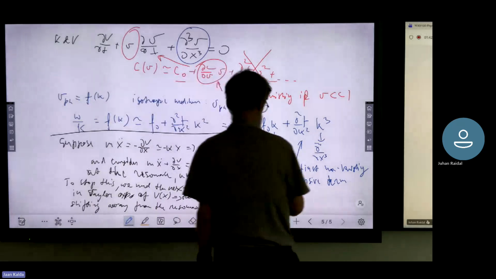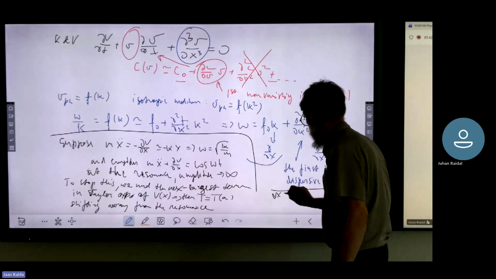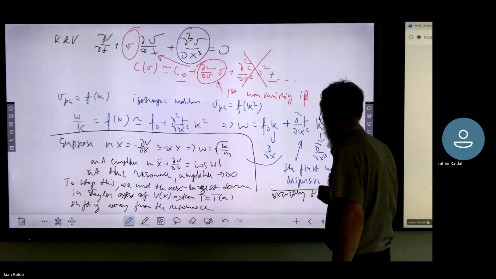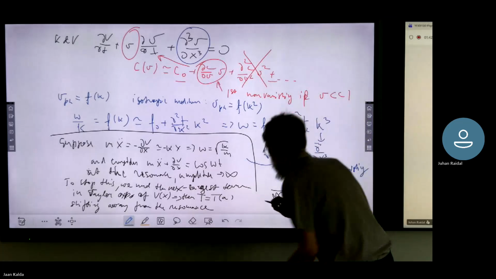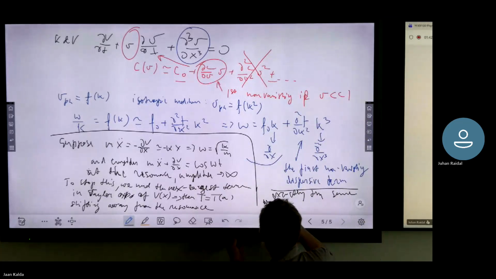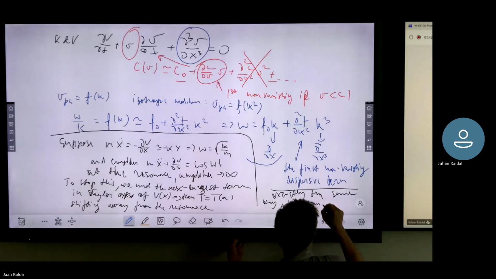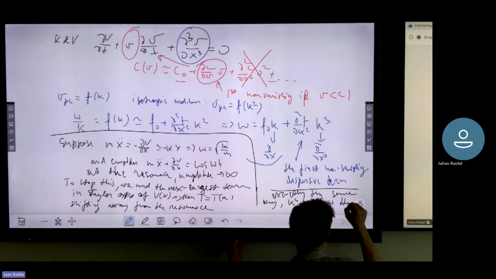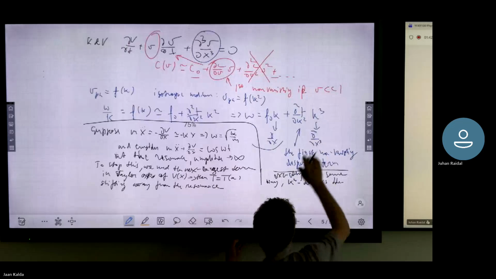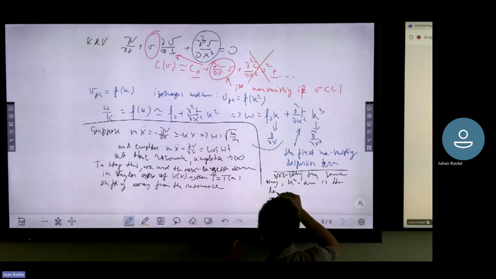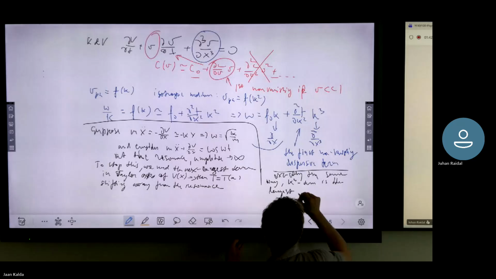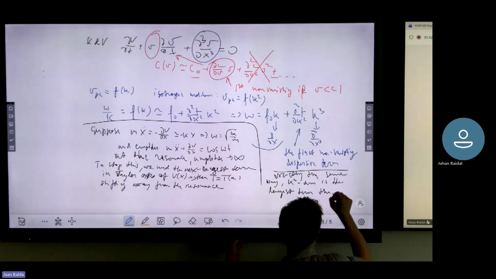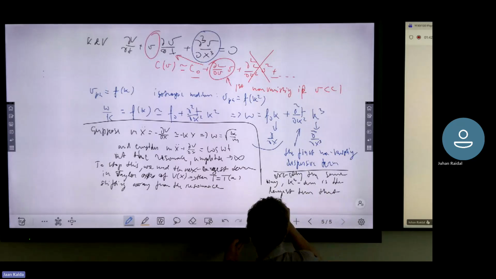Exactly the same way, that k cubed term is the first term, the largest term, that stops the wave breaking.